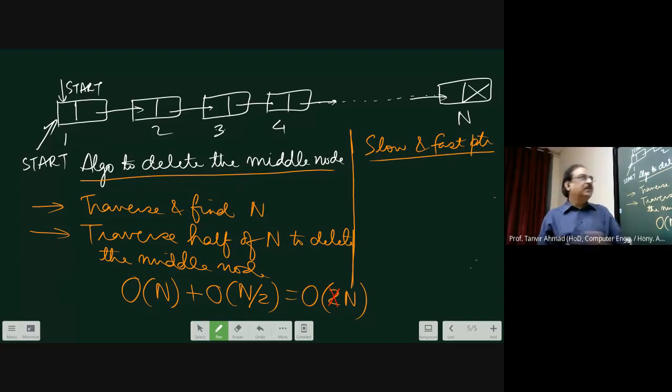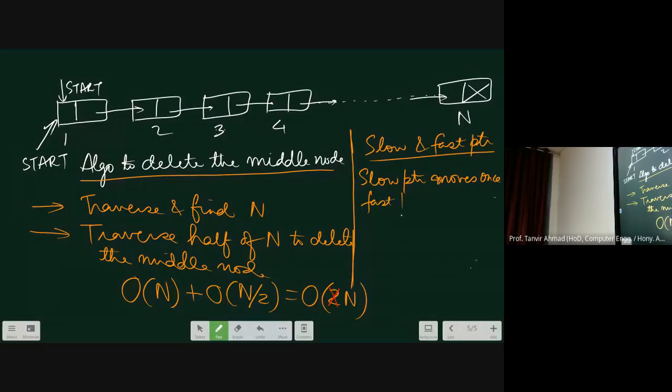Now, the slow pointer moves once, whereas the fast pointer moves twice. It means that if, say, n is equal to 101, I will take one slow pointer S and one fast pointer F. Initially S will be equal to 1 and F is also equal to 1.